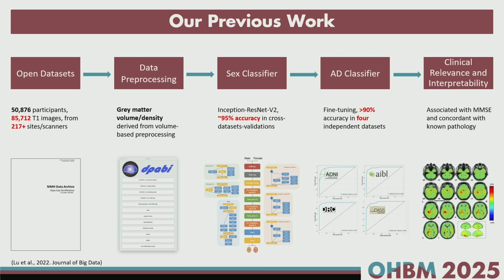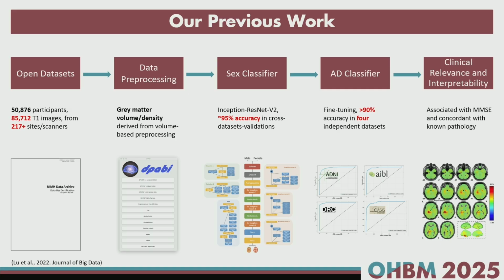The current study is basically an extension of our former work, in which we built an AD classifier based on a transfer learning approach. We applied almost all the open access datasets in the world and got more than 85,000 T1 images from more than 200 sites.